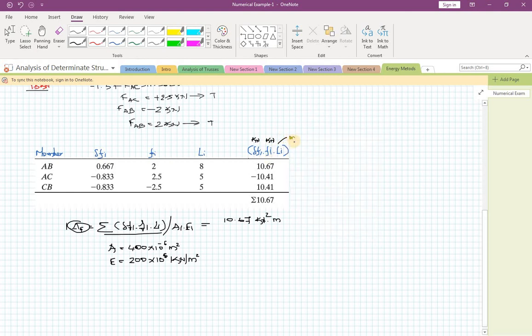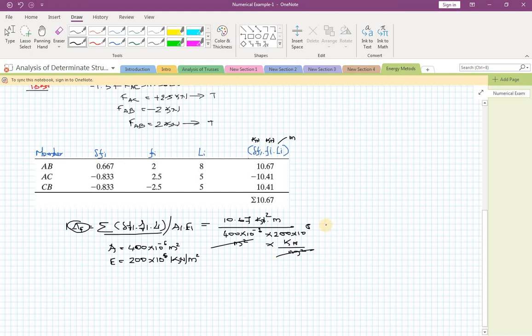So that's why it is kilonewton square meter divided by 400 into 10 raised to minus 6 multiplied by 200 into 10 raised to 6. So this is actually in terms of meter square, and this is in terms of kilonewton per meter square. Okay, so this meter square and this meter square will cancel.